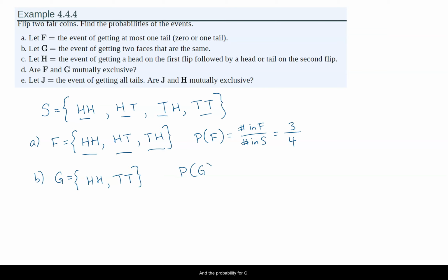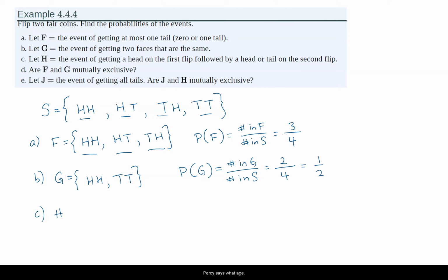And the probability for G, still using that probability definition, number in the event divided by the number in the sample space. So we have sample space is the same, we still have 4. Here in G we have 2 outcomes. We can simplify to be 1/2.